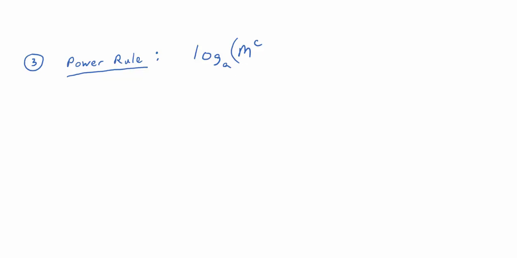So let me make this clear, you guys. The input is m to the c power. That's the input on the log base a function. Then, anybody remember? You can bring the c down in front, and you get c times log base a of m on the right side.